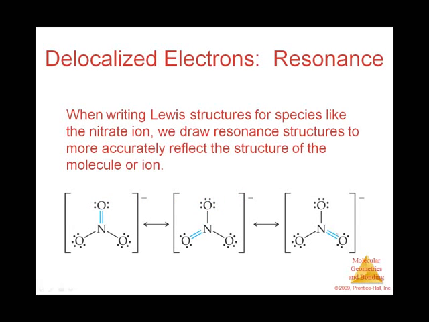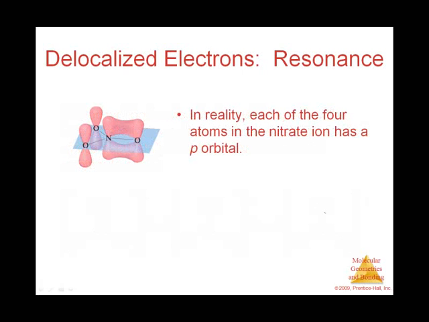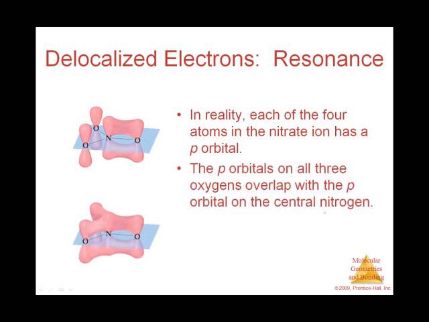Now we want to talk about what happens with resonance. So we talked about resonance when we were drawing Lewis structures, and we said that when we have resonance structures, no one structure itself can explain the molecule, and you need to have these brackets and show multiple structures, because the double bond can be on any one of those three atoms. But in reality, each of the four atoms has a p orbital, and the p's overlap on all three around the central nitrogen.